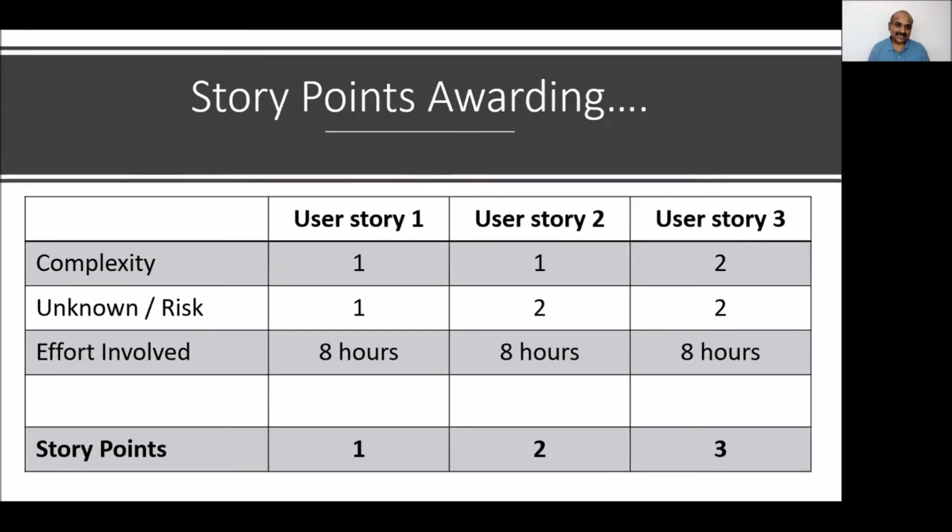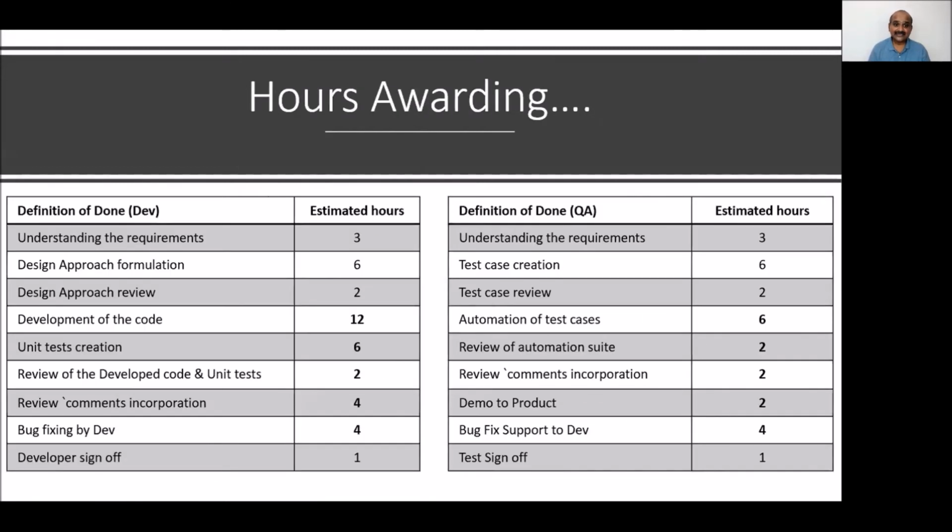As a side note, even though effort is the same, story points can be different depending upon complexity or risk, in addition to effort. And then, definition of done, whether it is the developer definition of done or the QA definition of done, all these tasks we should see under a story.